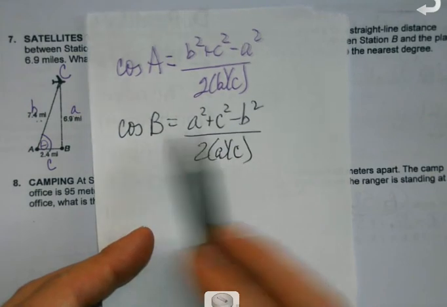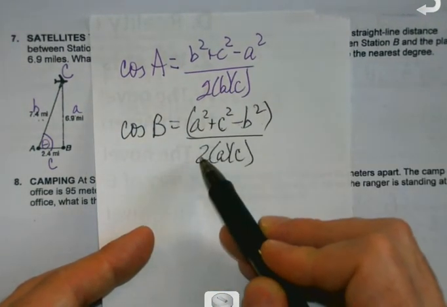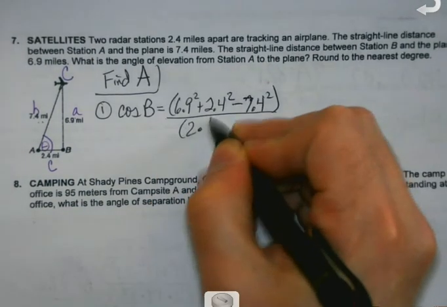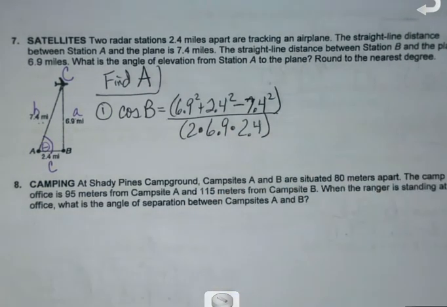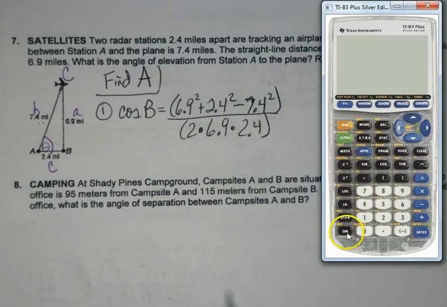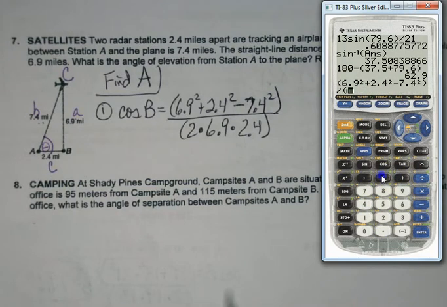I'm using this: a squared plus c squared minus b squared, and then I'm going to do 2 times a times c down below. So 2 times a times c. And that's why I like to label all this stuff, because that way I don't have to worry about messing this up. And as long as I get my parentheses in there, life is not going to be bad on me.